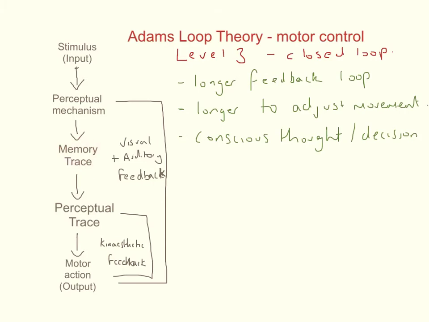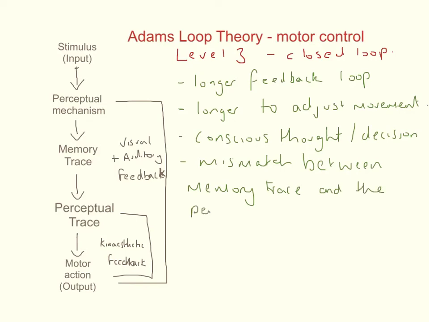Now, as with the other closed loop, once the performer has made that comparison, if there is a mismatch between the memory trace and the perceptual trace, then the performer needs to adjust.